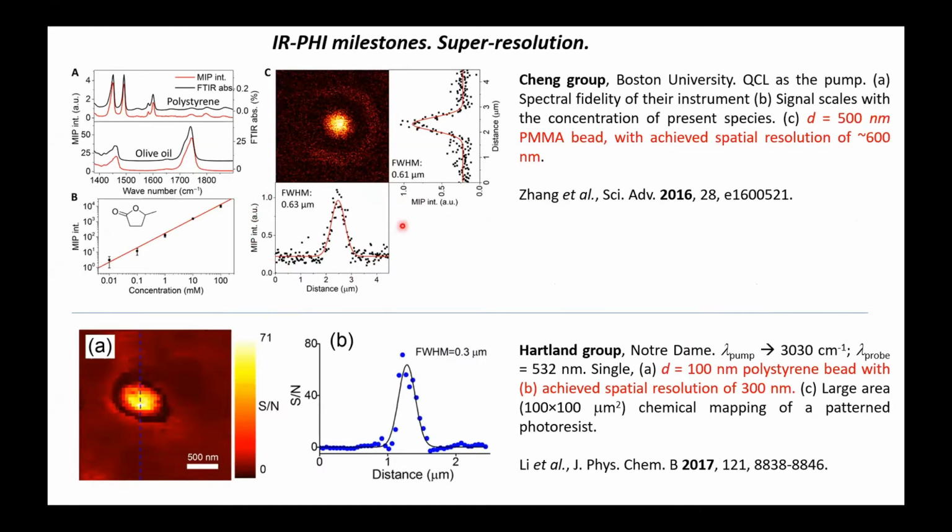They also demonstrated that sensitivity is extremely high, down to 10 micromolar, better than Raman. And the resolution is also here: 600 nanometer from Professor Cheng's group, and 300 nanometer resolution using counterpropagating geometry from Greg Hartland's lab.